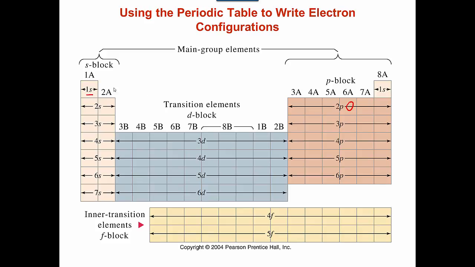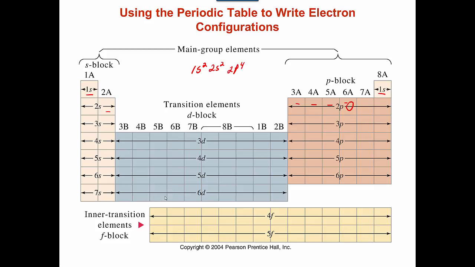I start here: 1s1, 1s2. Here we have 2s1, 2s2. And then we have 2p1, 2, 3, 4. So that would be the electron configuration for oxygen.